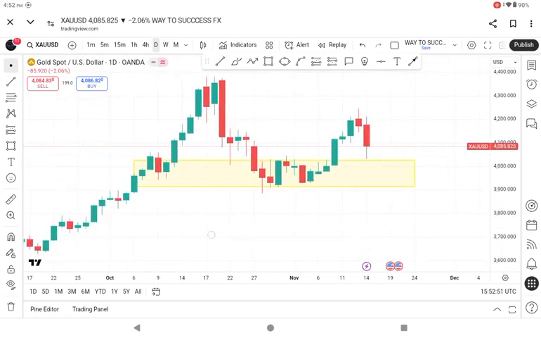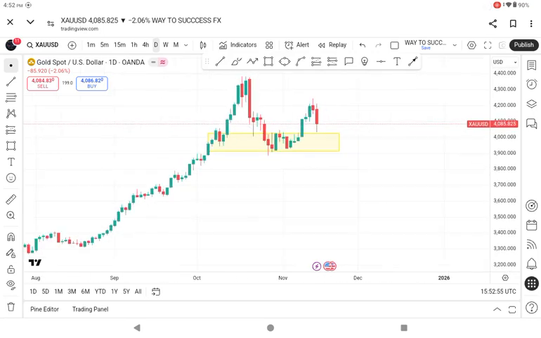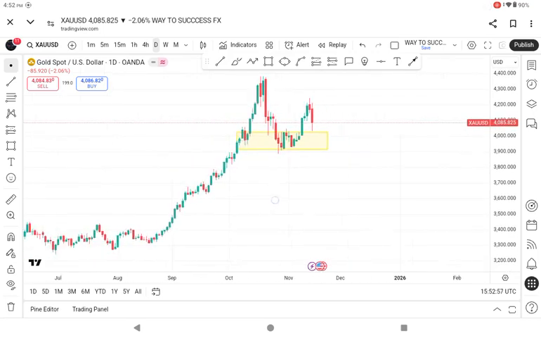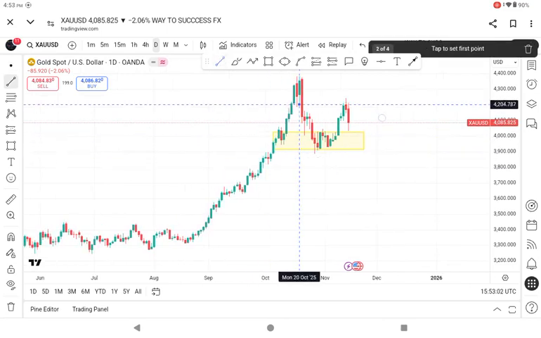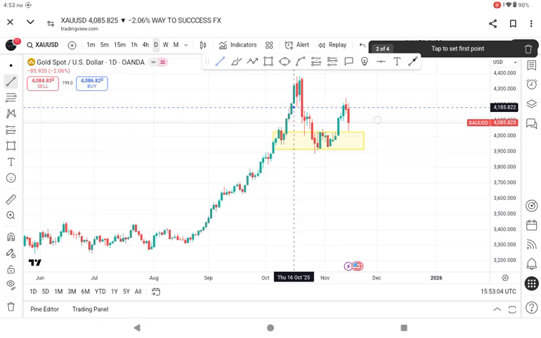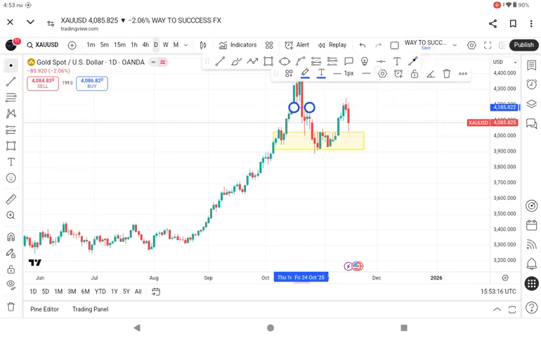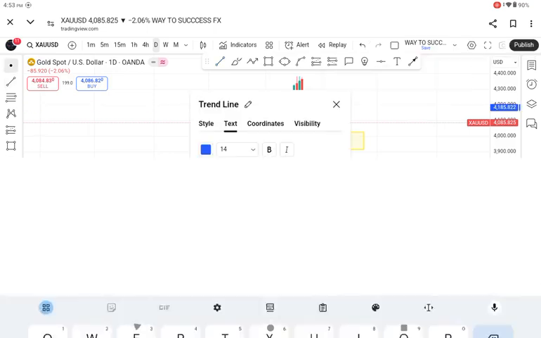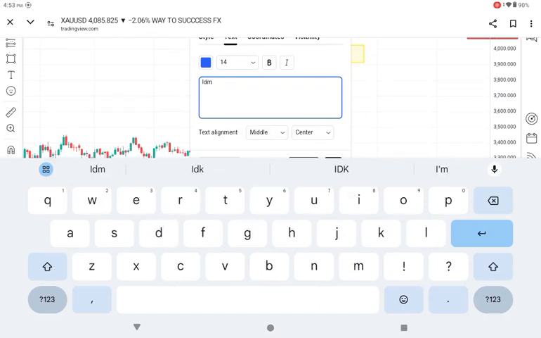So here in daily, what do we have? We have price going to the upside. Here we are going to start marking our structure. Price going to the upside. And remember the structure mapping I taught on this channel, that price will always take out a valid pullback, which is my inducement.